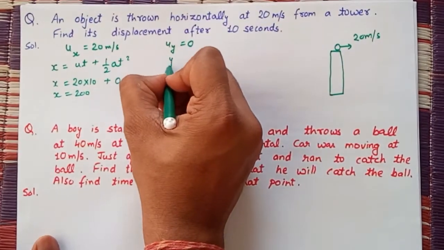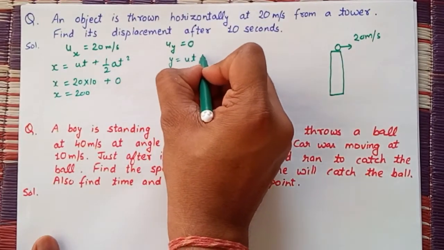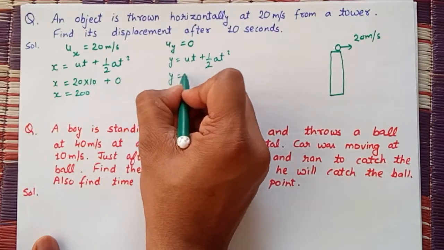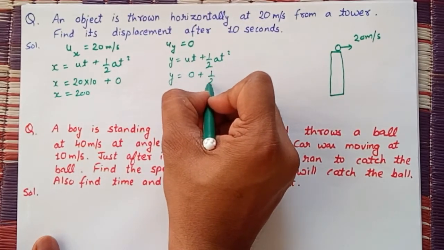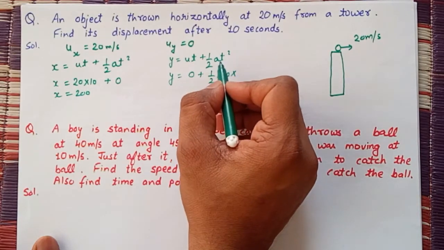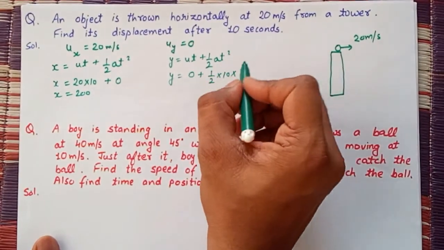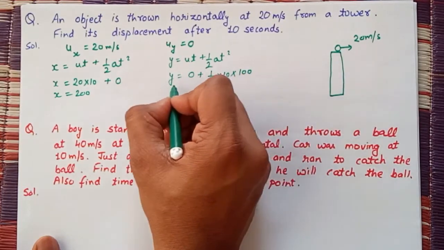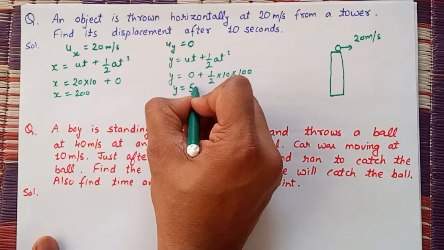Similarly for y equals ut plus half at square. Initial velocity is 0, acceleration is 10, that is of gravity. Time is 10 seconds, its square will be 100. So y will be 500.